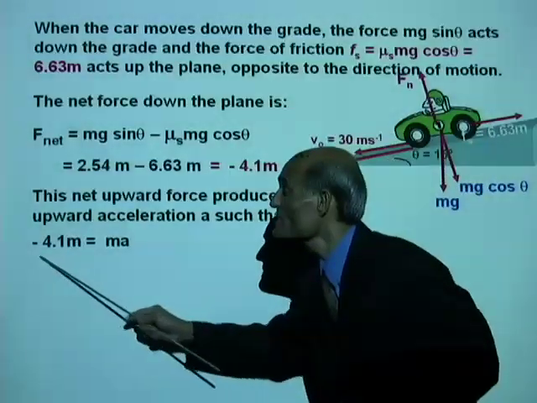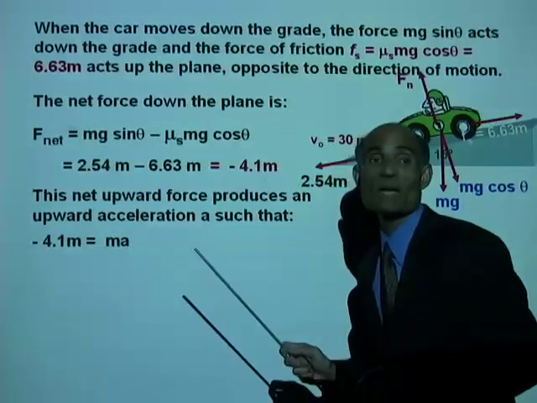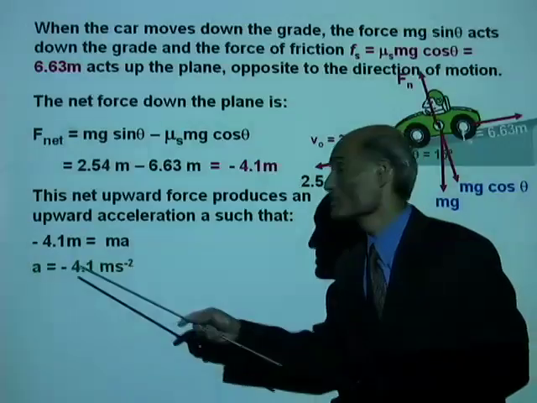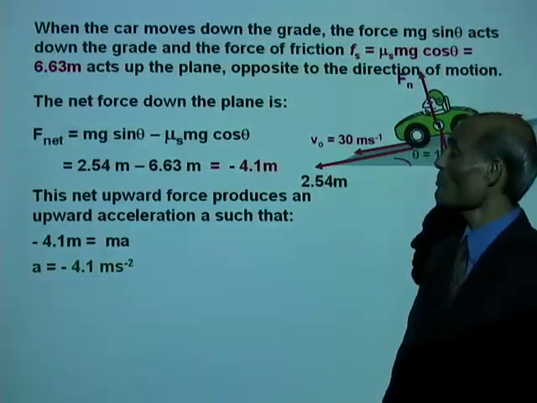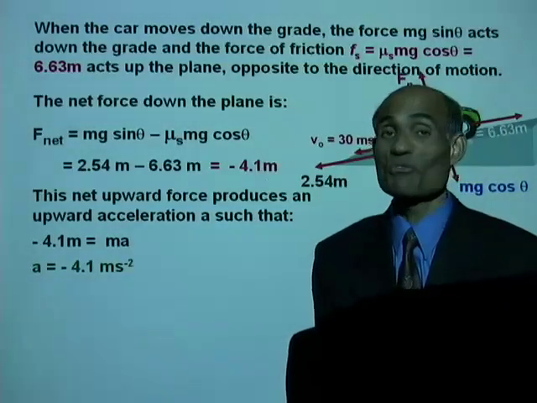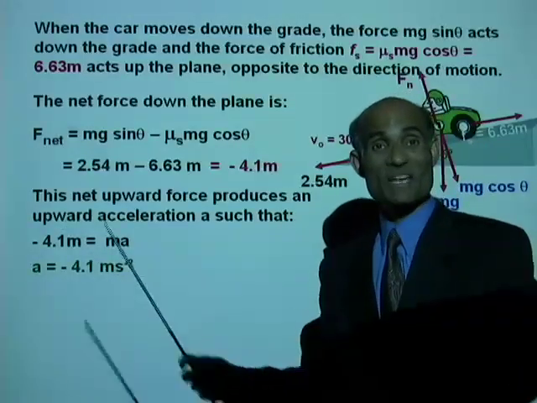So F net negative 4.1 m equal to ma, and m will cancel, giving us the acceleration is negative 4.1 meter per second squared. And to find the distance it travels before it stops, we can use the same equation.